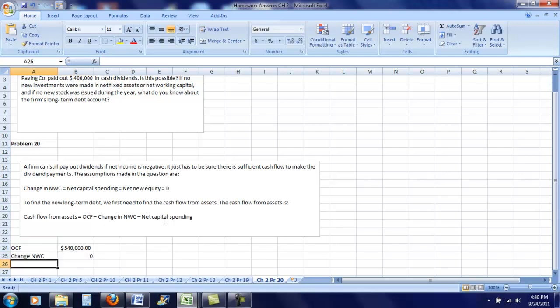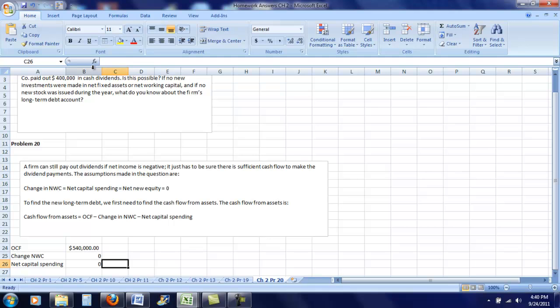So these both equal 0. So our cash flow from assets is equal to our operating cash flow.